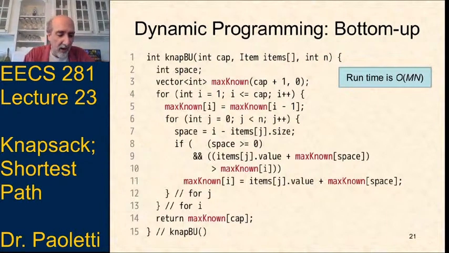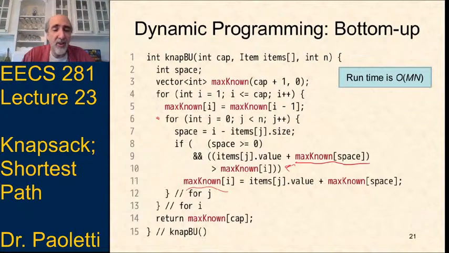Then we've got our for loop. This loop is kind of similar. It says, hey, let's run through all the items. Let's figure out the space remaining. If that space remaining is greater than or equal to 0, and the value would be better than what's in the vector, then update what's in the vector. So we don't wait until the loop is over. We just look at every possible item, because I know if space is greater than or equal to 0, this is a value that is done.